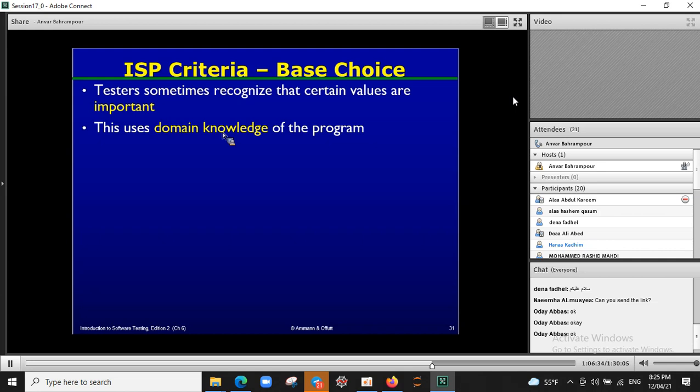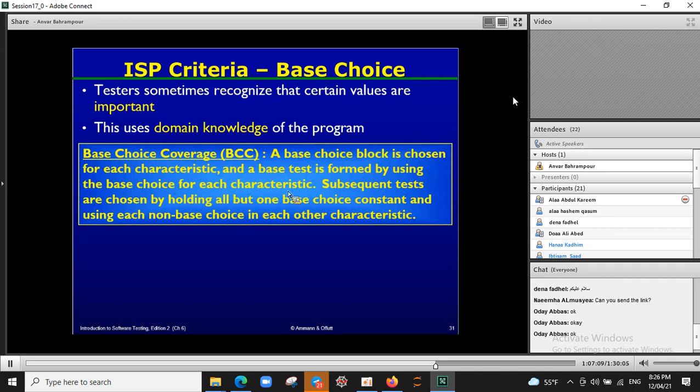Based on this point of view, we could define some basic inputs as base choices of our testing process. This box defines formally base choice coverage criteria as BCC. A base choice block is chosen for each characteristic, and a base test is formed by using the base choice for each characteristic.